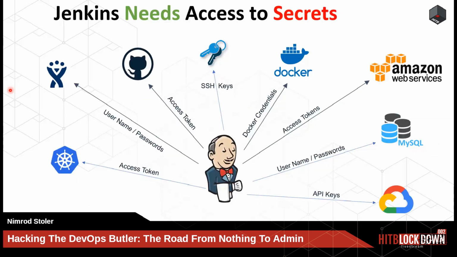It is therefore not surprising that Jenkins needs a lot of access to secrets to do its job. From usernames and passwords to GitHub, through access tokens to AWS and Kubernetes, SSH keys to access infrastructure, Jenkins holds them all, and so becomes a lucrative target for attackers, both from outside and inside the organization, seeking to take advantage of the unique blend of code execution and credentials, all available in Jenkins.